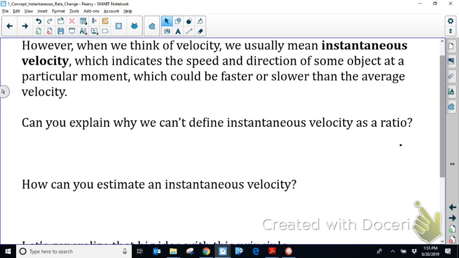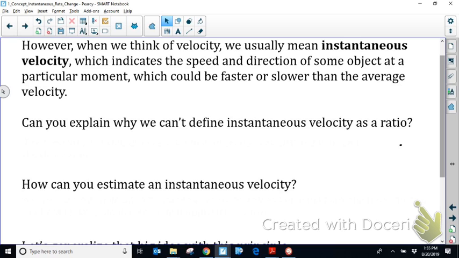And I want to know why. Can you provide a reason why you can't write an instantaneous velocity as a ratio? And if you can't write it as a ratio, how can you at least estimate it? So take a few moments, pause the video, and answer those questions, and when you're done, hit play again, and you can check your thoughts with mine.